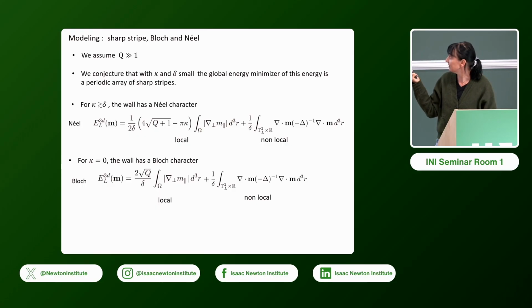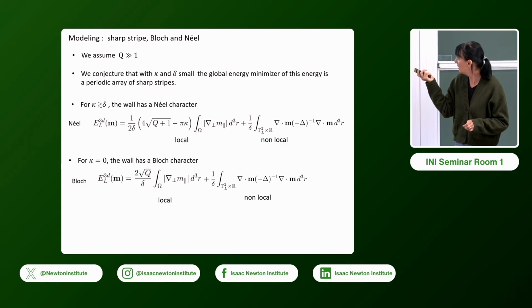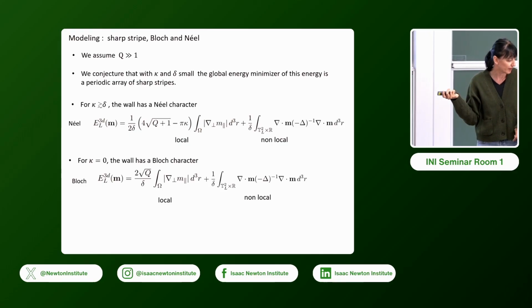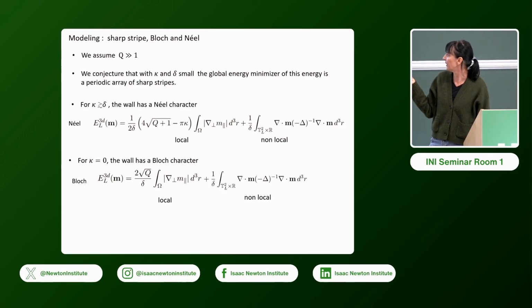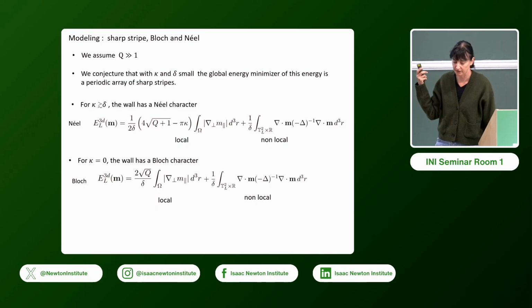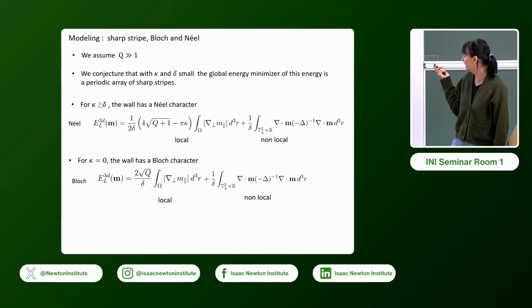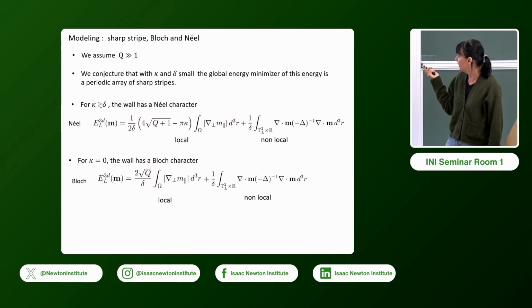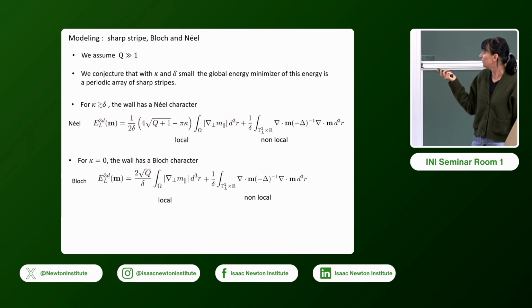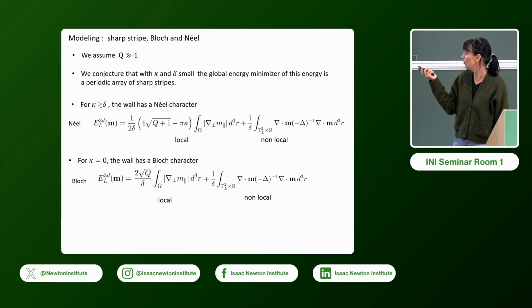So if kappa is larger and of the same order of delta, then the wall has a Néel character, while if kappa is equal to 0, the wall has a Bloch character, as I already said. And this is how now we can express our micromagnetic energies. And you see that we now simply have the local part which is proportional to the wall energy.